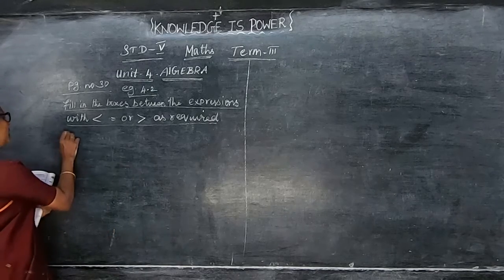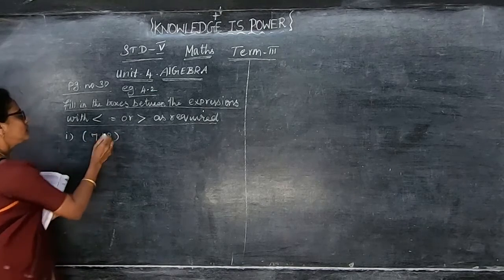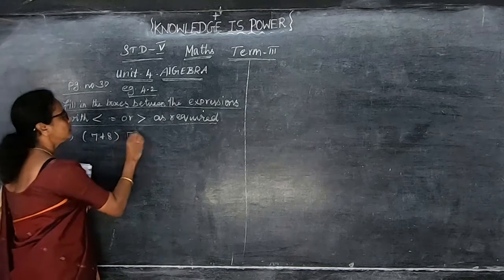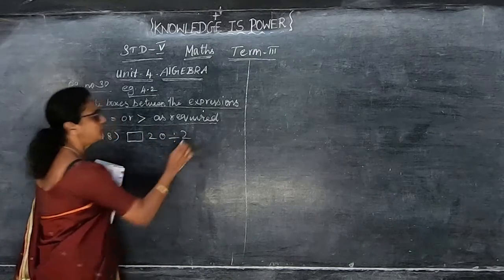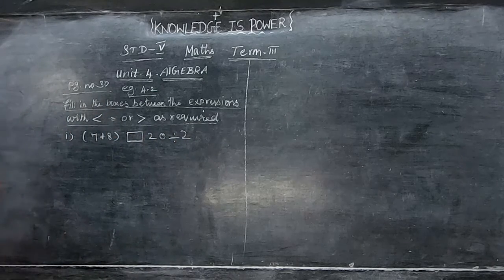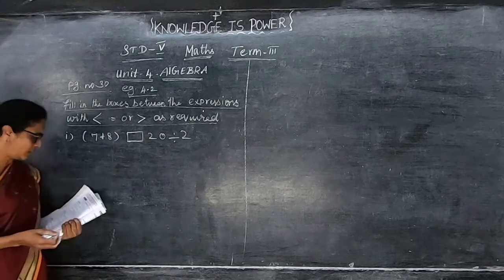So first sum is they are given as 7 plus 8 box 20 divided by 2. So 7 plus 8 box 20 divided by 2. In this நம்ம என்ன பண்ணணும், greater lesser equal and we have to put the sign.